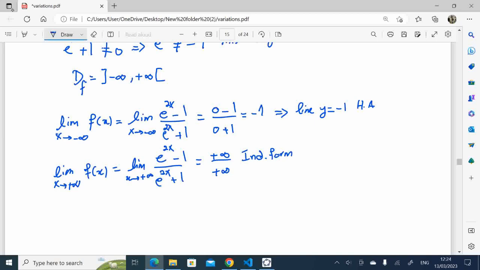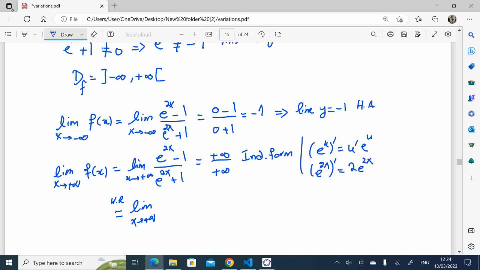So this indeterminate form, we can solve it using L'Hôpital's rule. This will be the limit as x approaches plus infinity of the derivative over the derivative. The derivative of e^x is e^x, because the derivative of e^u is u′e^u.